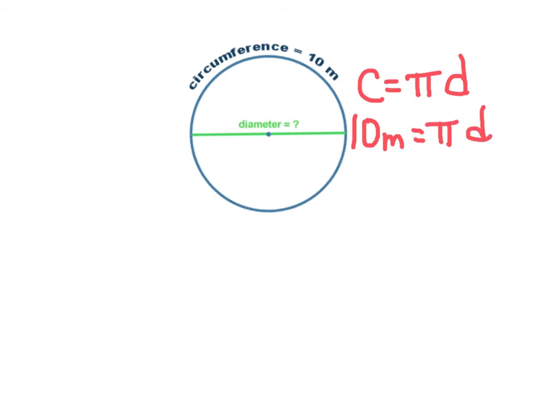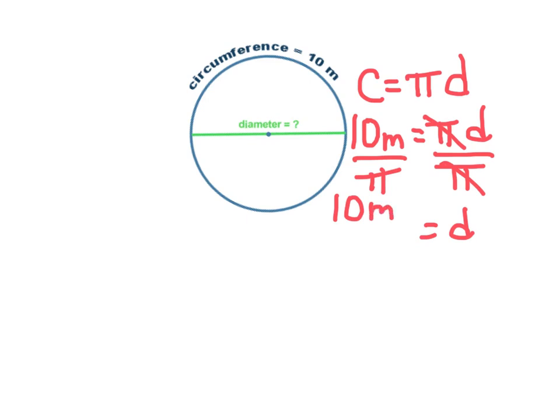And since I'm solving for D, I'm going to divide both sides of my equation by pi. So D is going to equal 10 meters divided by pi. Again, pi is approximately 3.14. So take the number 10 and divide by 3.14.